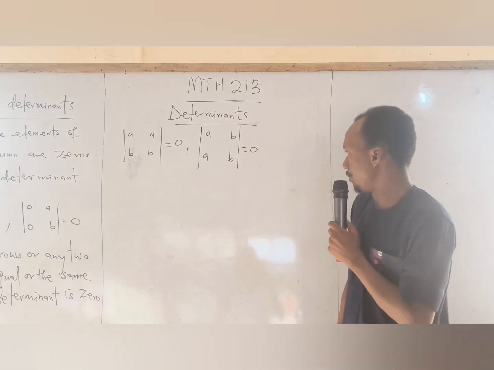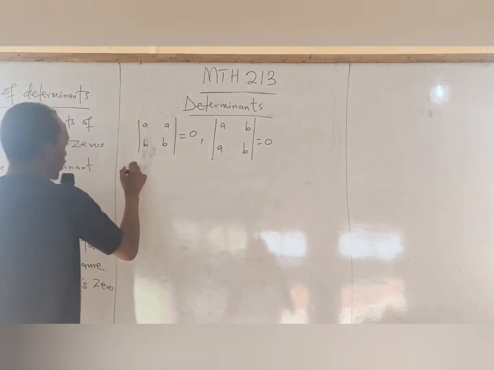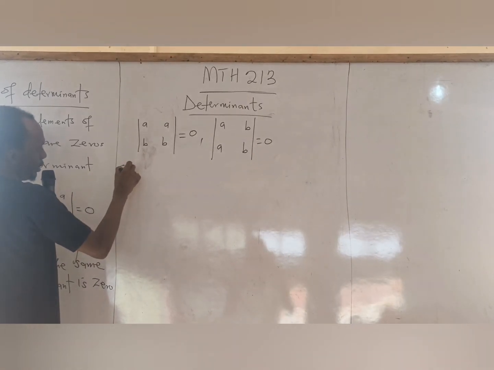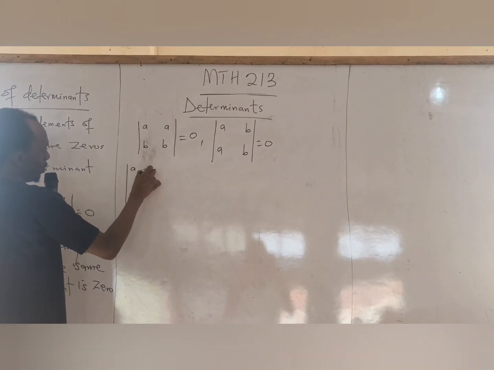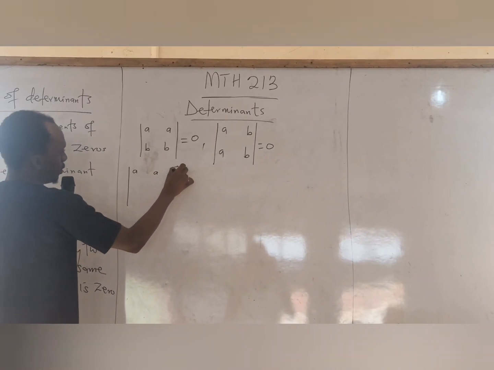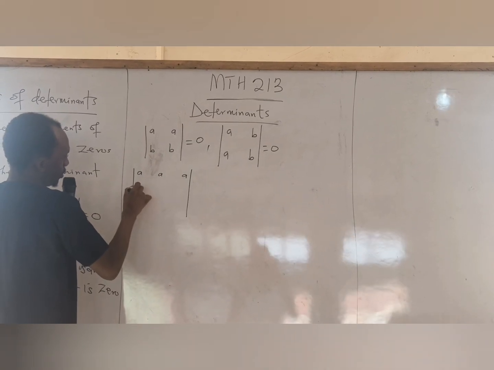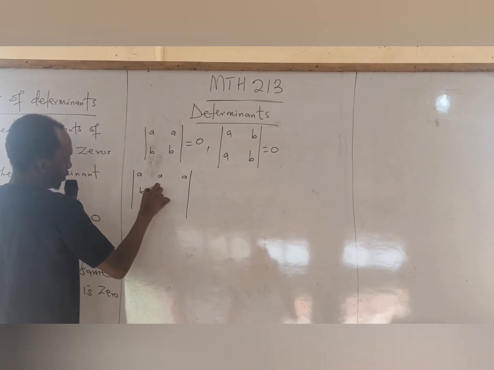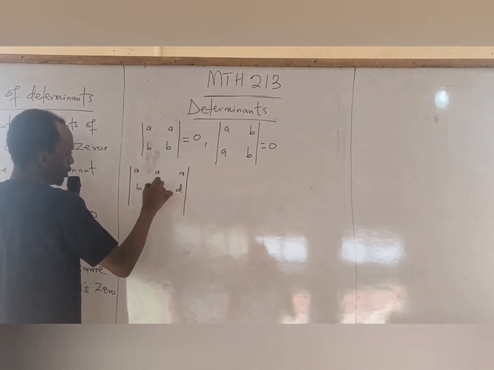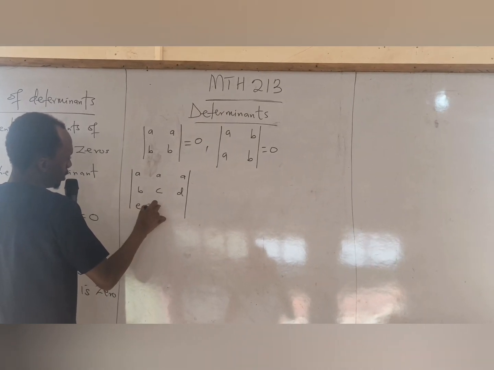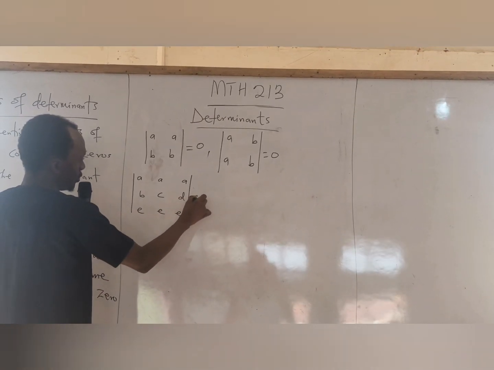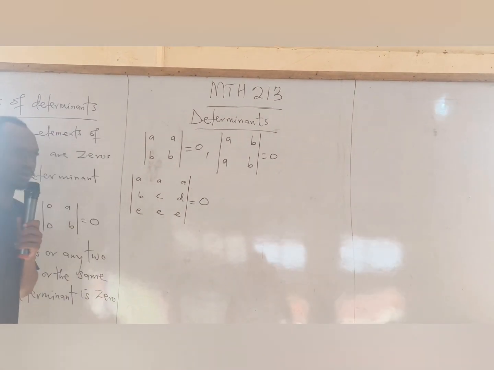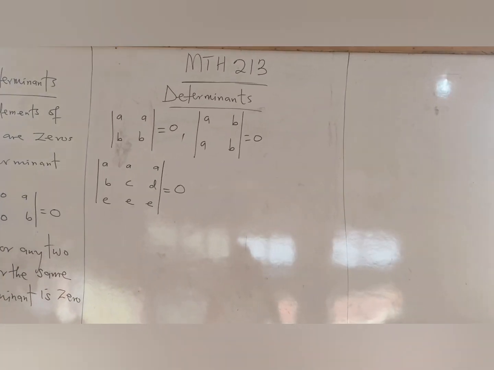You can also have 3 by 3. A, B, C, D, E. So this determinant is 0. Are you all here?